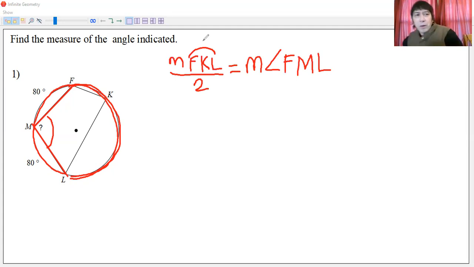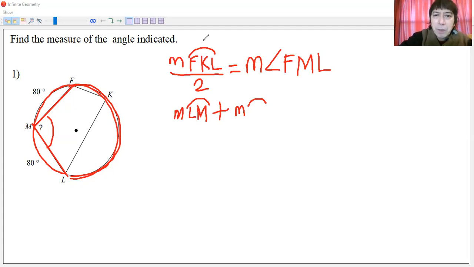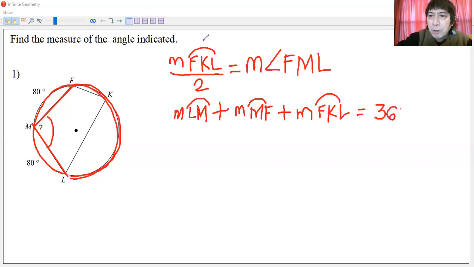So if we go around the circle, then we have the measure of arc LM plus the measure of arc MF plus the measure of the bigger arc FKL must be equal to one full circle, 360.